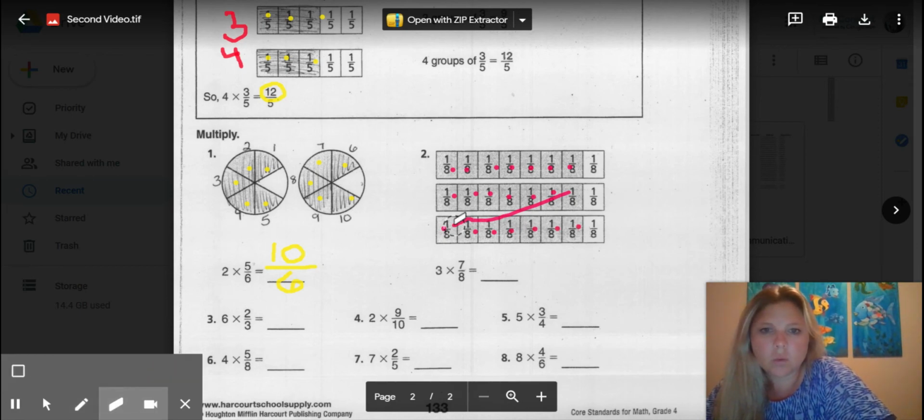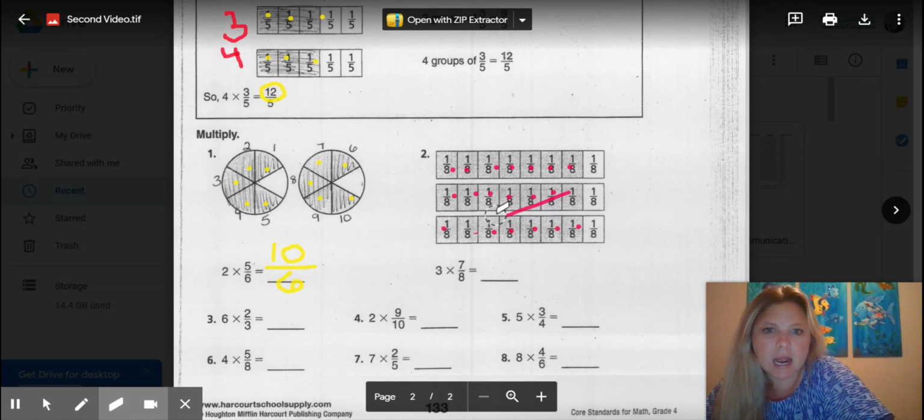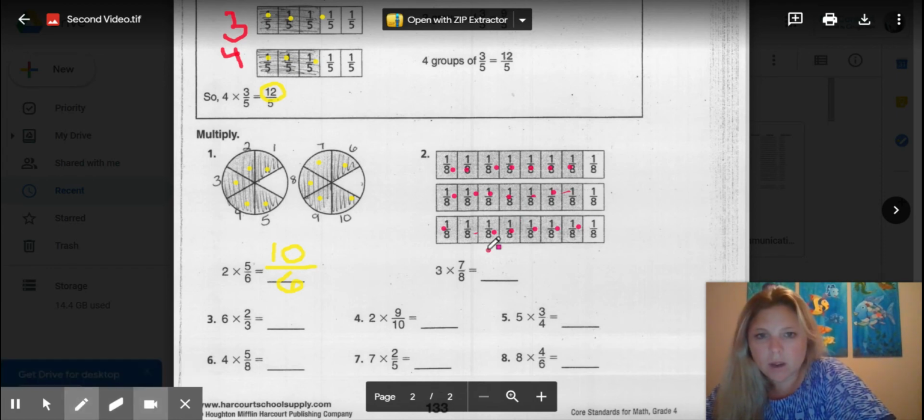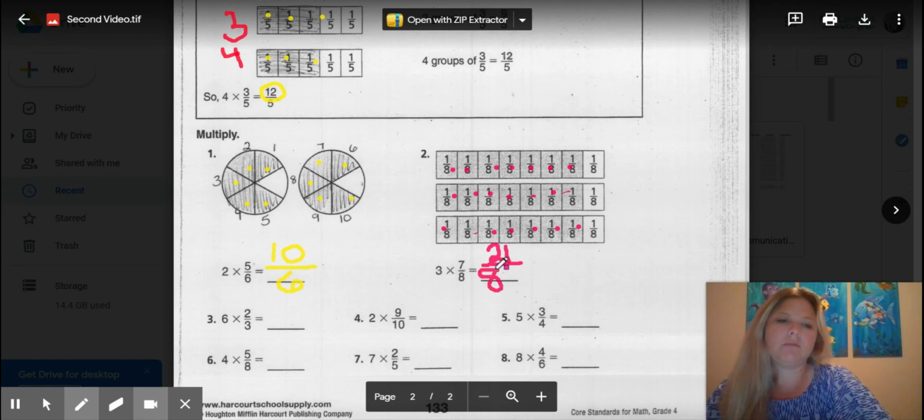So there's 21 pieces that I put dots next to. If that's the case, then I am going to write 21 up at the top. And how many were on each section? Well, again, there are 8 on each candy bar, my Hershey bar, right?